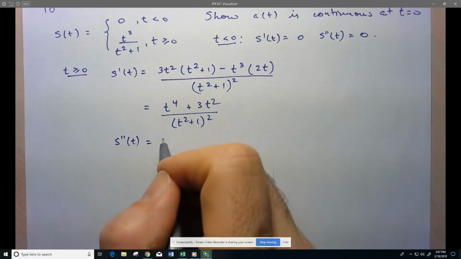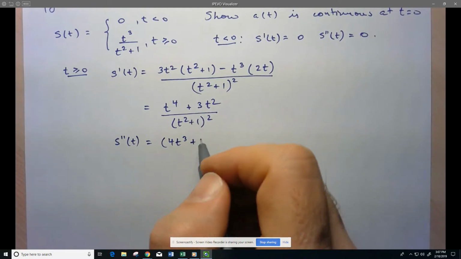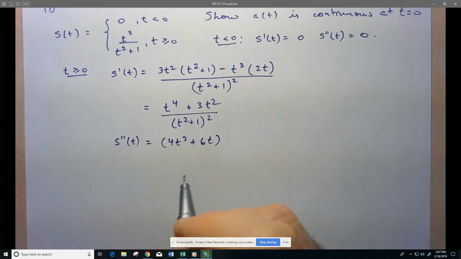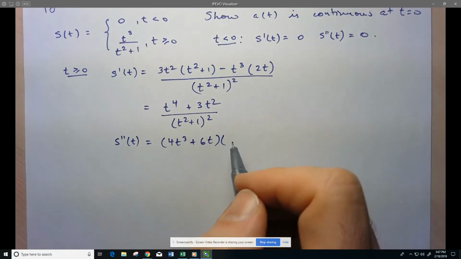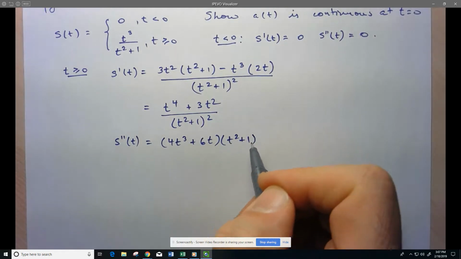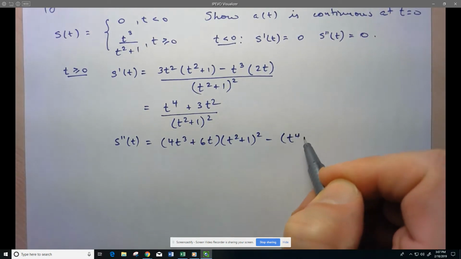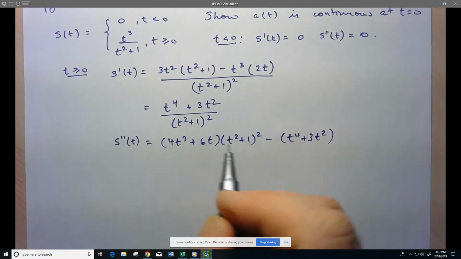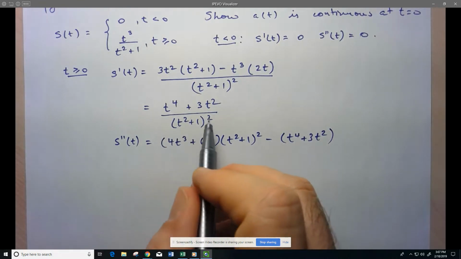The derivative of the numerator is going to be 4t cubed plus 6t, times the denominator function, which is t squared plus 1, all squared, minus the numerator function, which is t to the fourth plus 3t squared, times the derivative of the denominator function. Here I'm going to have to use the chain rule.